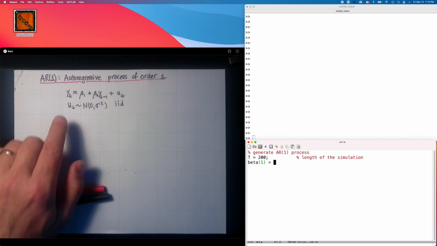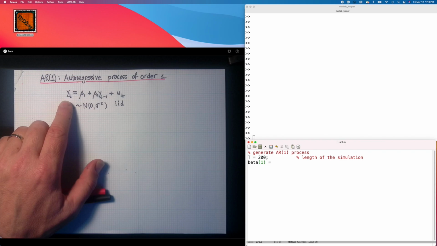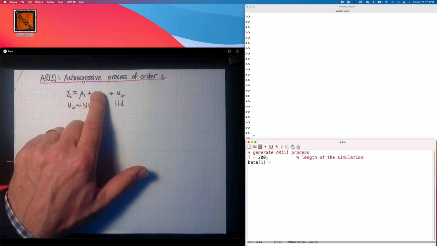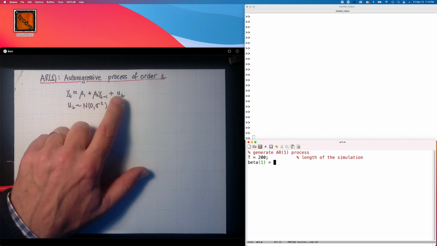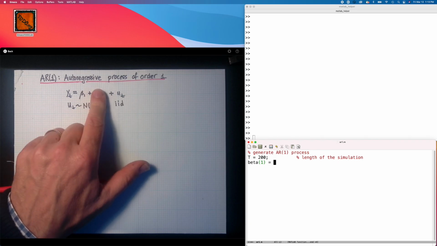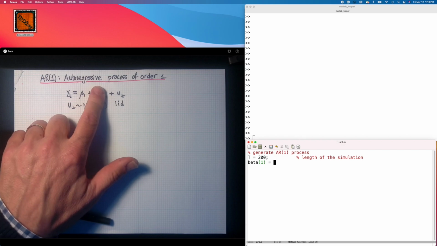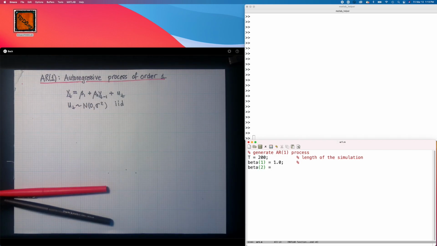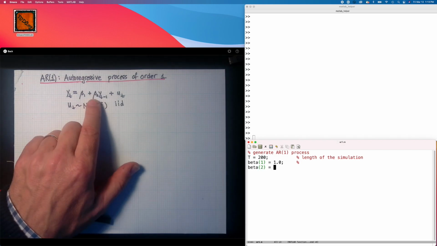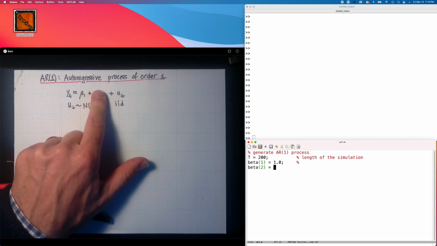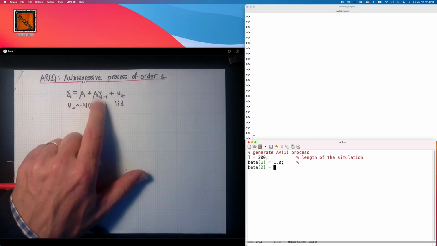So beta 1 is going to be the mean of y if beta 2 is 0, because the mean of u is 0, and if it wasn't for this beta 2, then we could see that the mean of y would just be beta 1. Here, beta 2 for the first time through, I'm just going to set it to be 0. So we can look at a time series of purely random variables, and then we'll change beta 2 and see what correlated noise looks like.